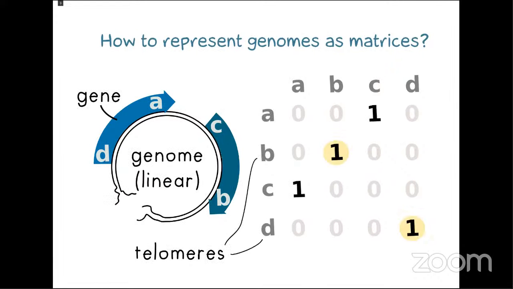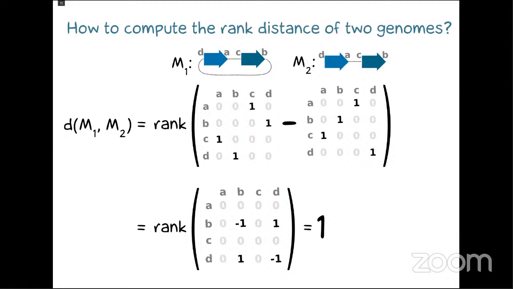If you have linear chromosomes, it's the same, except that for those extremities that are not linked to any other, each linear chromosome will have 2 of those in the far right and far left, say, in our case, D and B. Okay, for those extremities, you just plug in 1 in the diagonal, okay? So that's how you represent the free ends. And, okay, so if you represent genomes like that, then when you compute the rank distance, see what happens.